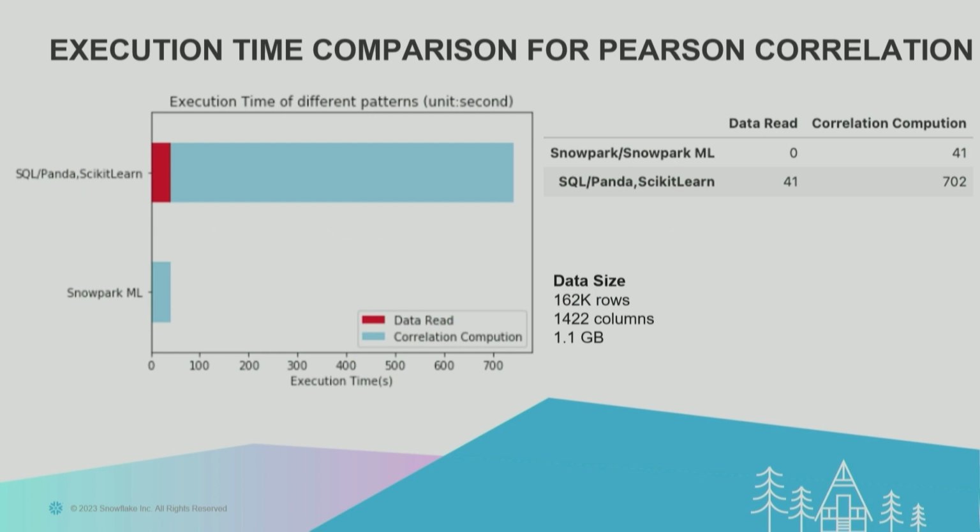Here you can see some performance numbers. With Snowpark, the computation is a magnitude faster than the dependence implementation. So we have talked about min-max scaler, one-hot encoder, and the correlation analysis.